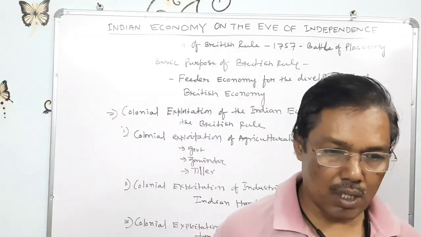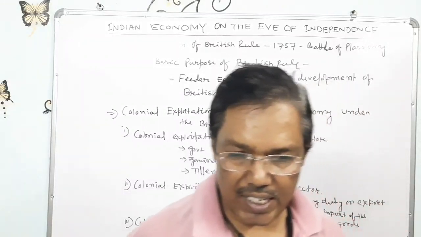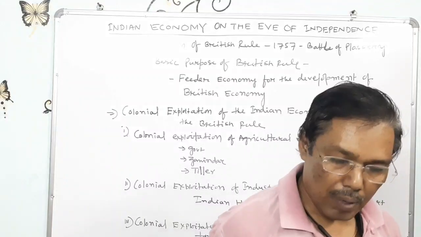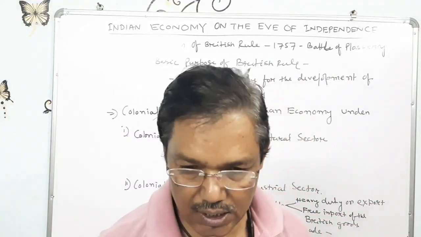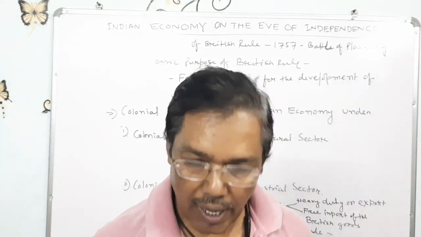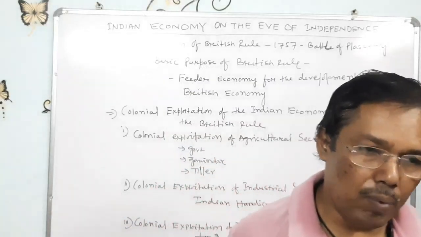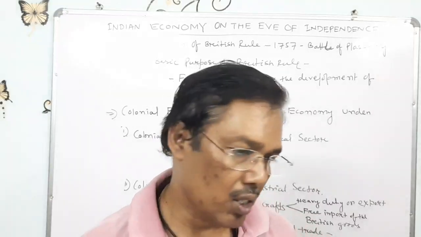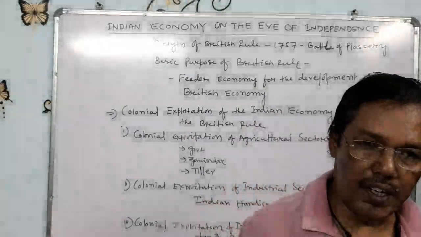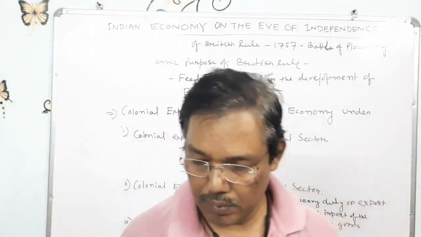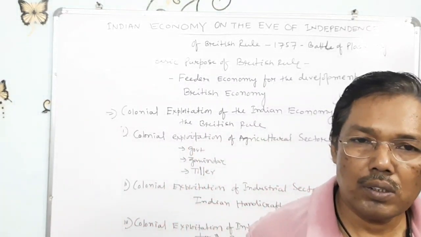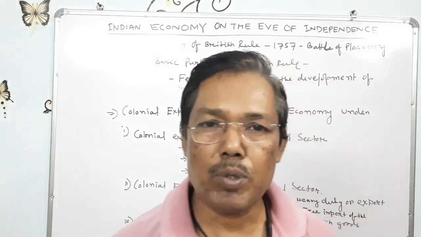It means we reached this stage in the 21st century by different stages and different processes of development. Think yourself, when India got her freedom, at that time the Indian people were not getting two meals properly.